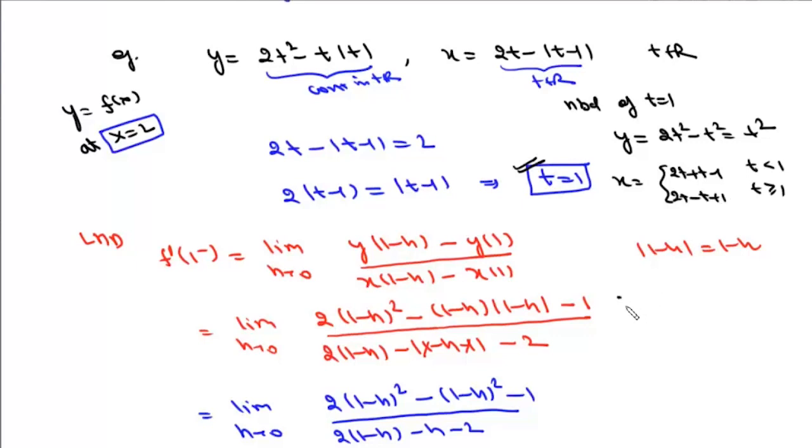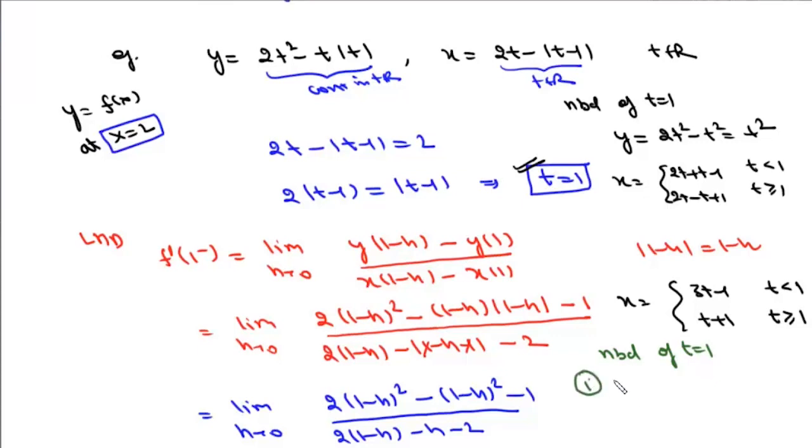So this x will be 3t minus 1 when t is less than 1, and it will be t plus 1 when t is greater than or equal to 1. So in the neighborhood of t equals 1, we'll have two definitions.